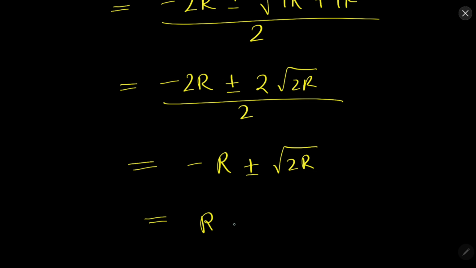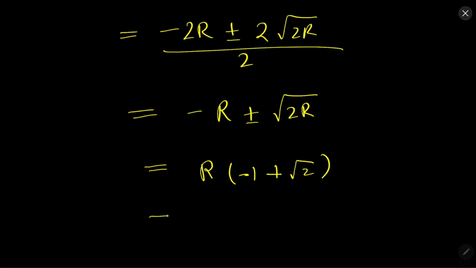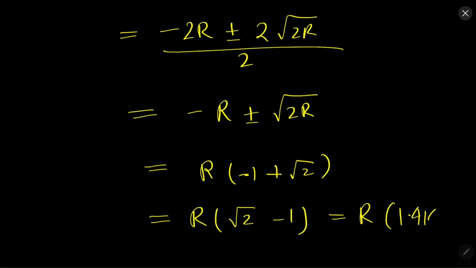Let's take r common, so we will have root 2 minus 1, plus root 2, or you can write r (root 2 minus 1). So r into 1.414 minus 1, so r into 0.414.